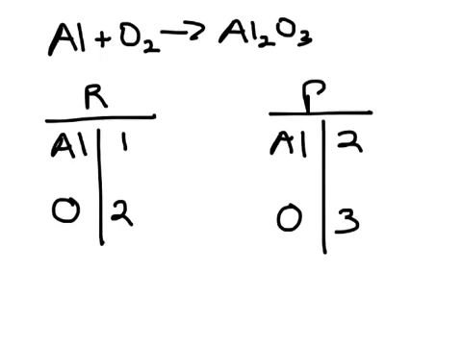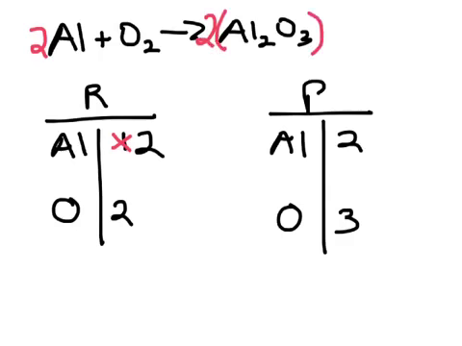If I put a 2 in front of this aluminum, now I have 2 and the aluminums look good, but I still have a problem with my oxygens. The least common multiple of 2 and 3 is 6, so I'm going to have to do 2 times this whole thing.